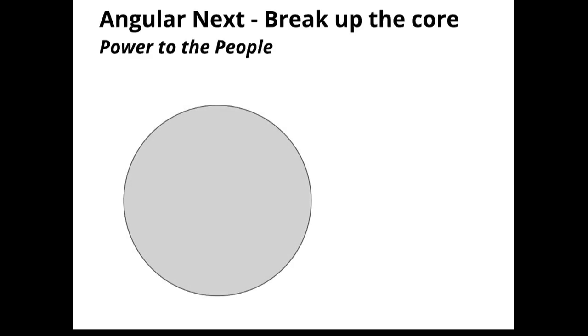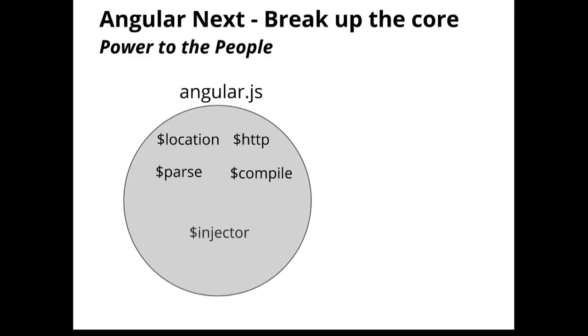Right. So Angular right now is mostly one big piece in the core, but we've started to split some things out, right? When we started with Angular, there was just one thing: AngularJS. And it was composed of many different pieces, like $location, $compile, $parse, and many other services that you probably use on a daily basis.